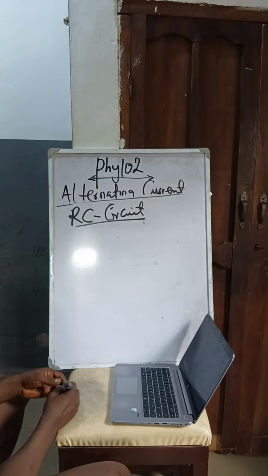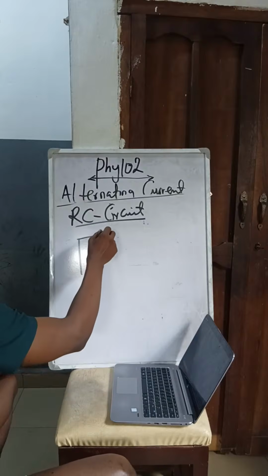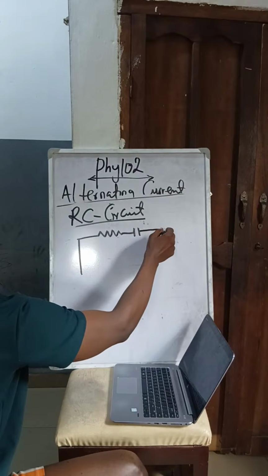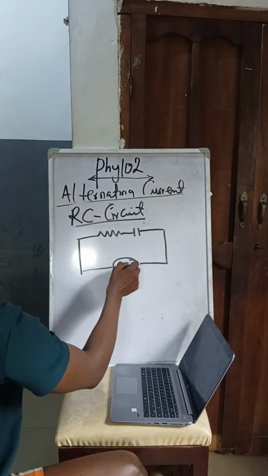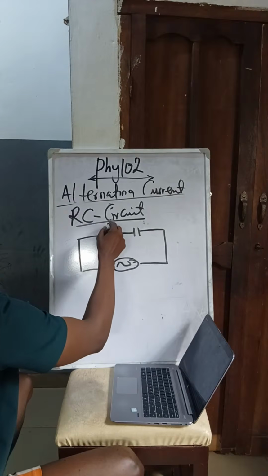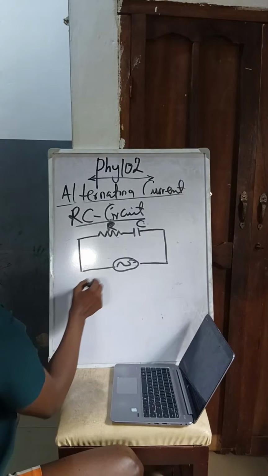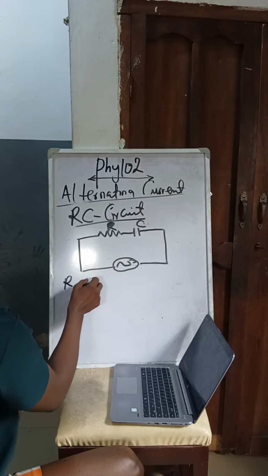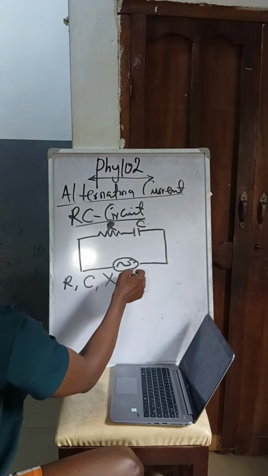Let's say we have an RC circuit connection, so here is R and here is C. In this case, we have R and we have C, then we have XC.